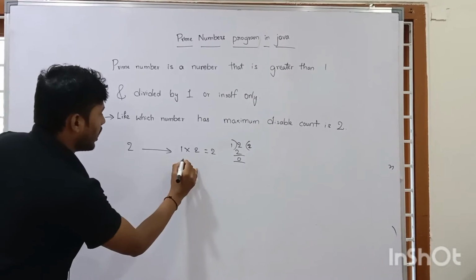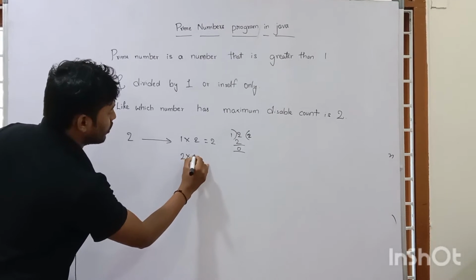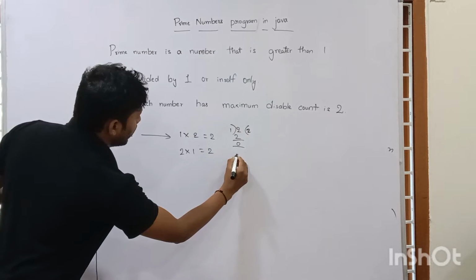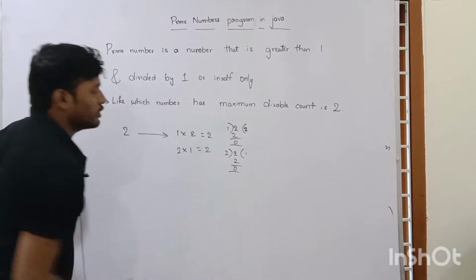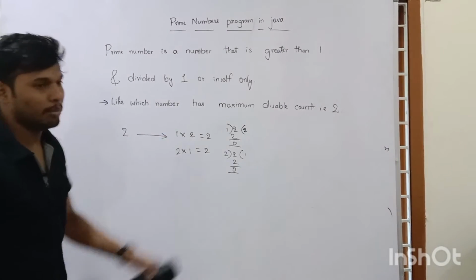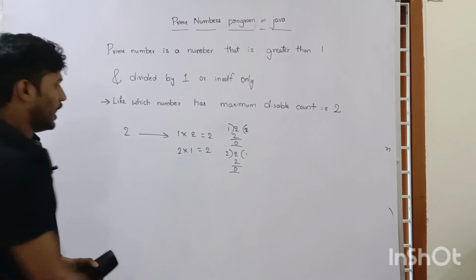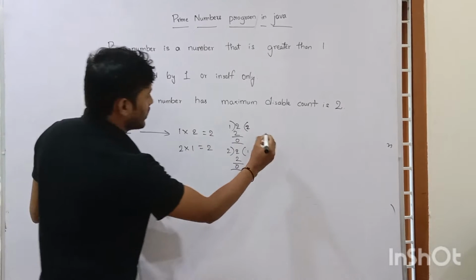Then there is another divisibility check: 2 ones are 2, and here also the remainder is 0. Other than these two numbers, we can't move forward.